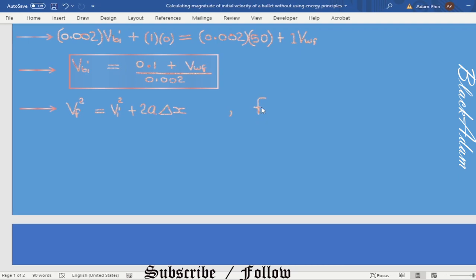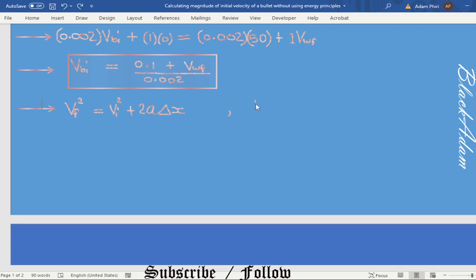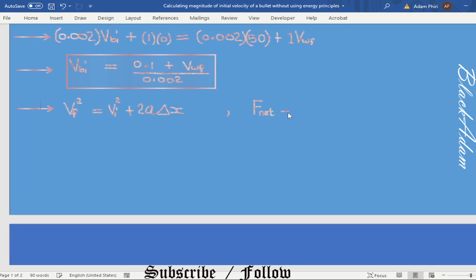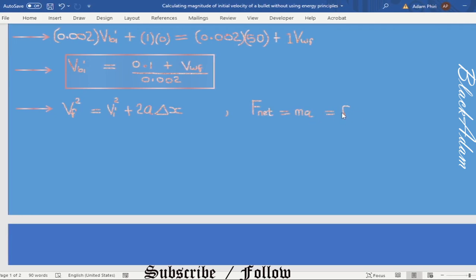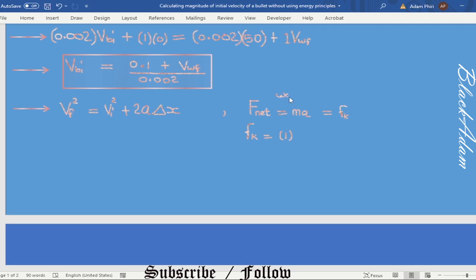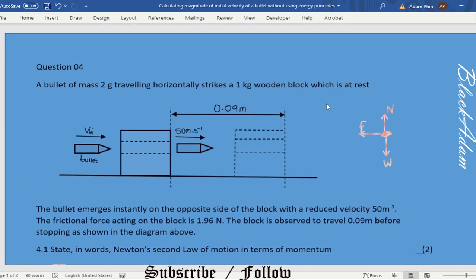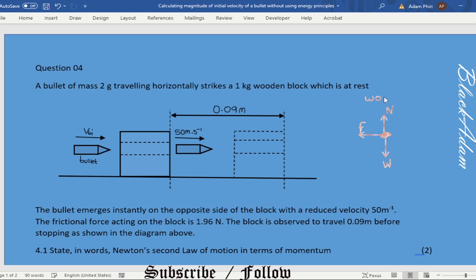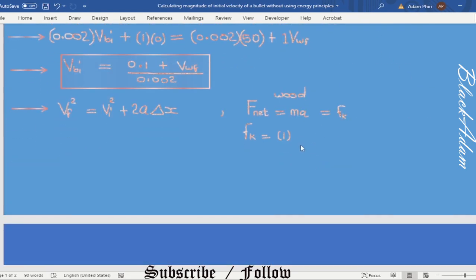And then we have to use our equation. I think we have to use net force, Newton's second law. So net force is equivalent to ma, and our net force is the kinetic friction. Coming to kinetic friction, we have our mass is 1, according to the wood. So for the wood, mass is 1 and acceleration.